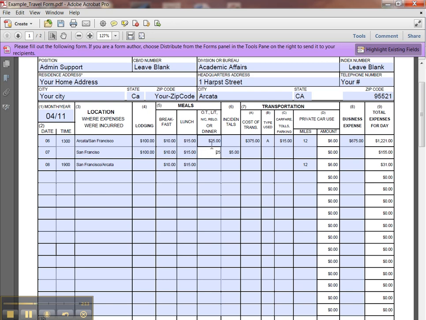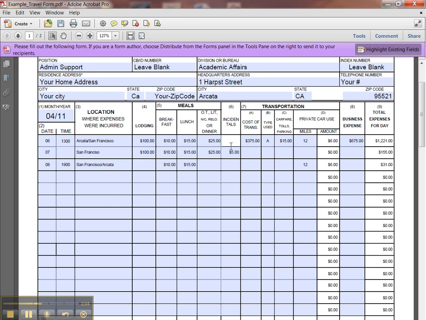Usually it is $10 for breakfast, $15 for lunch, and $25 for dinner. But if you choose to spend $25 for breakfast, just keep in mind that lunch and dinner combined cannot be more than $25. As I mentioned, it can't be more than $50 for that whole day.